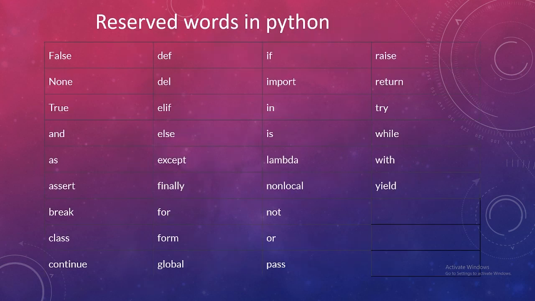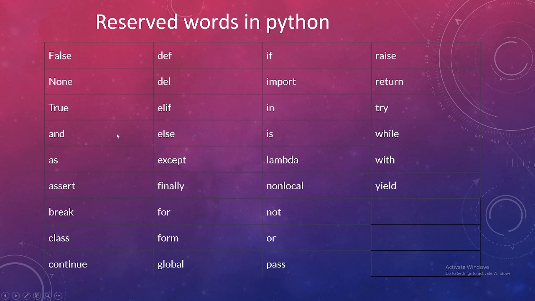The keywords are False, None, True, and, as, assert, break, class, continue, def, del, elif, else, except, finally, for, from, global, if, import, in, is, lambda, nonlocal, not, or, pass, raise, return, try, while, with, yield. So guys, these are the 33 reserved words in Python.